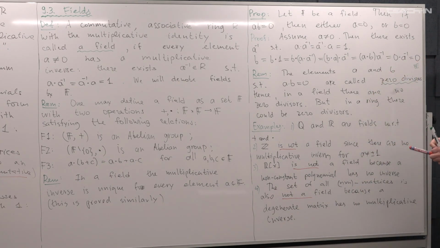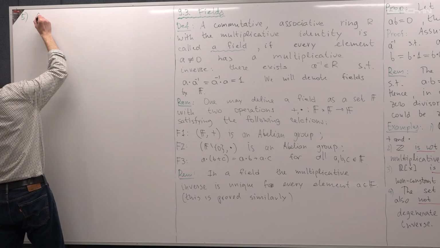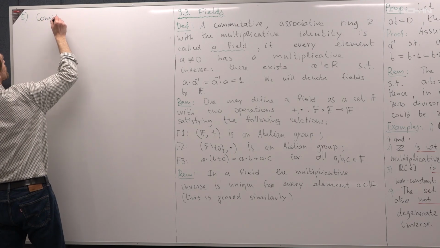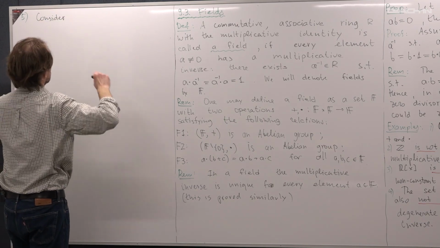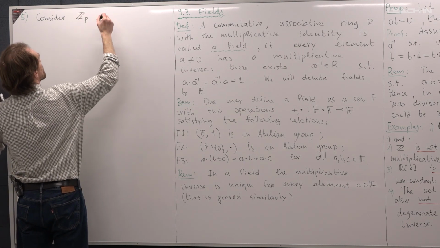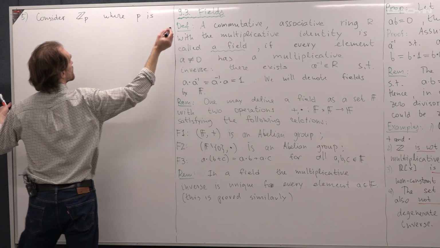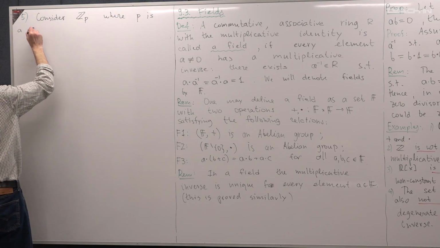And finally, the last example. Consider the residue classes Zp, where p is a prime number.